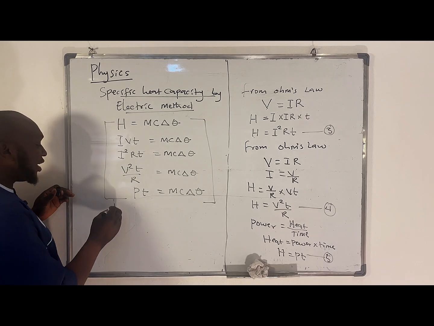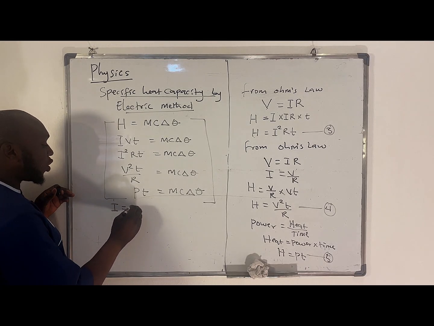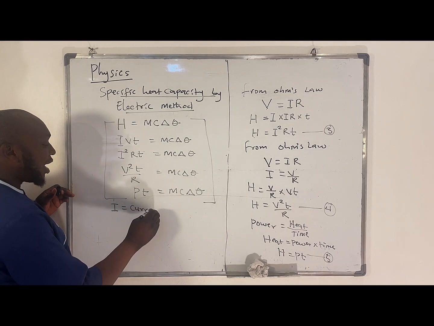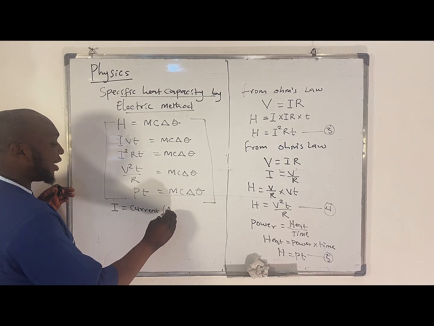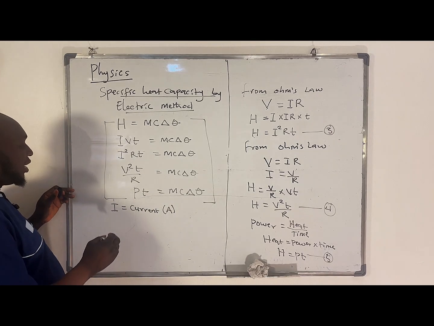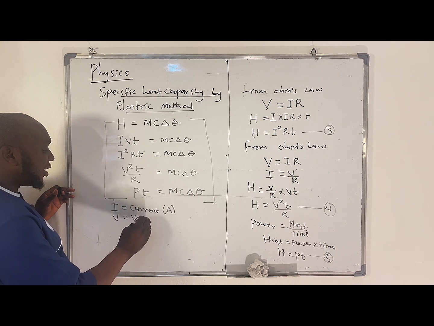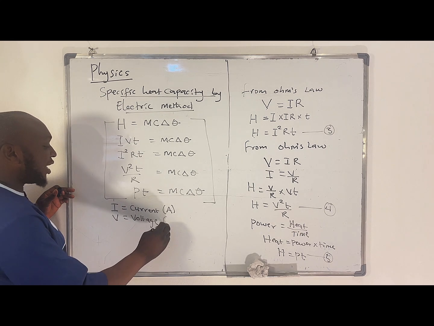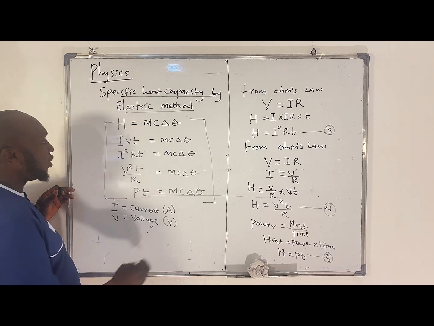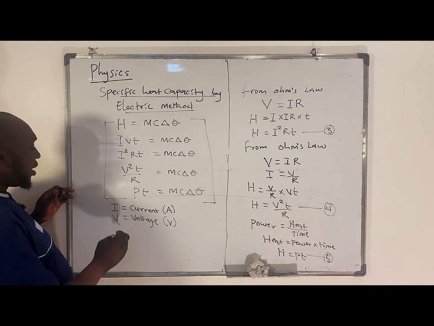Each of them has its own usual meaning. I is current, and the unit of current is ampere, with capital letter A. V equals voltage or potential difference, and the unit is volt.